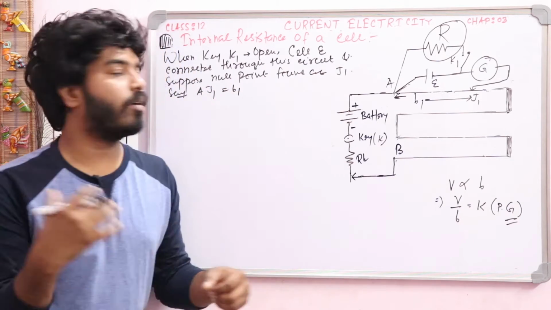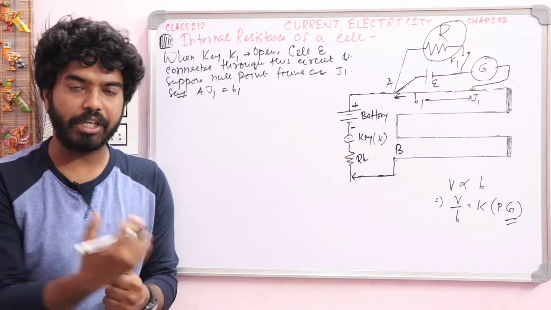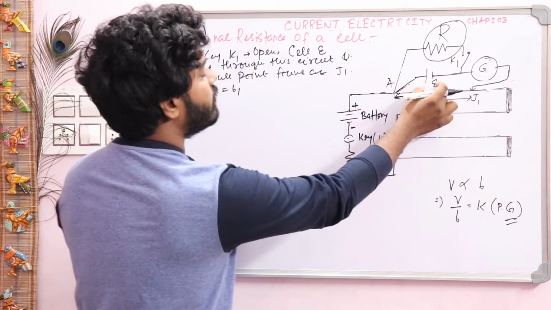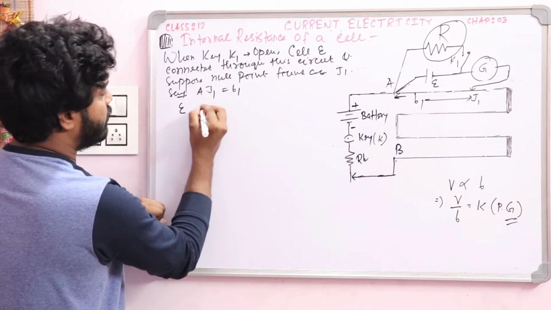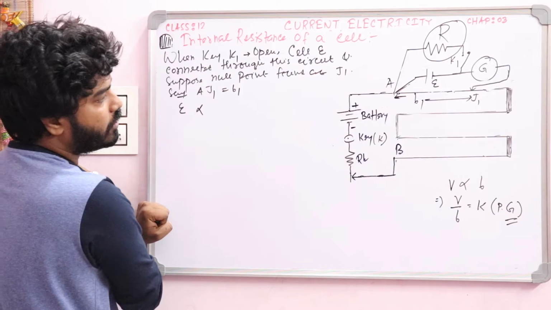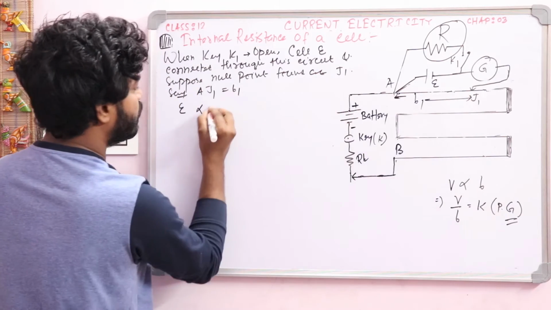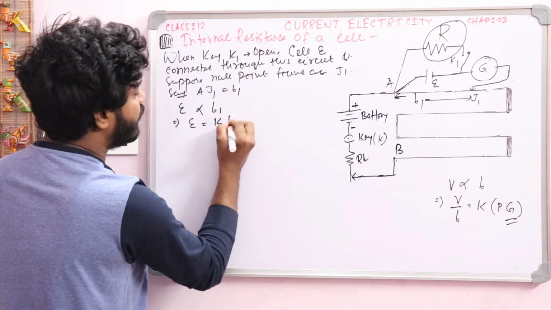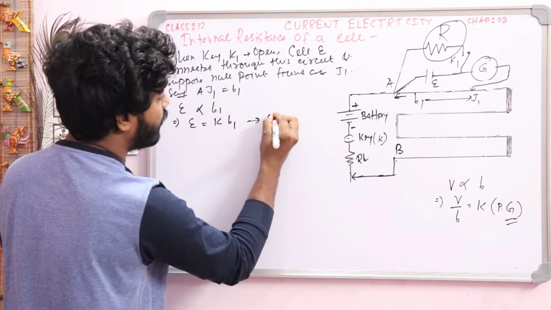Same method: according to the principle of potentiometer, we can write that the EMF of this cell E is directly proportional to this length L1. So from here you can write E is equal to K into L1. This is our equation number 1.